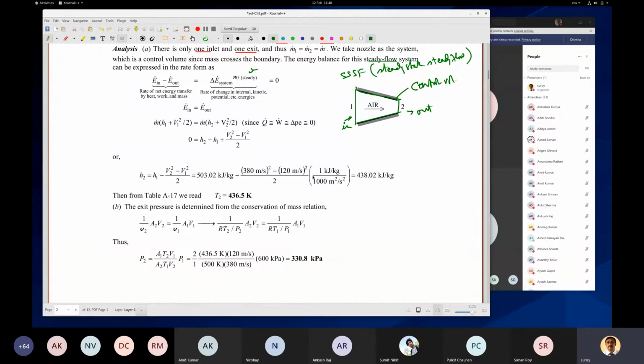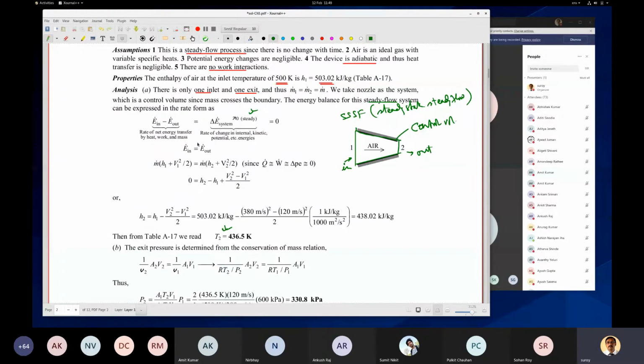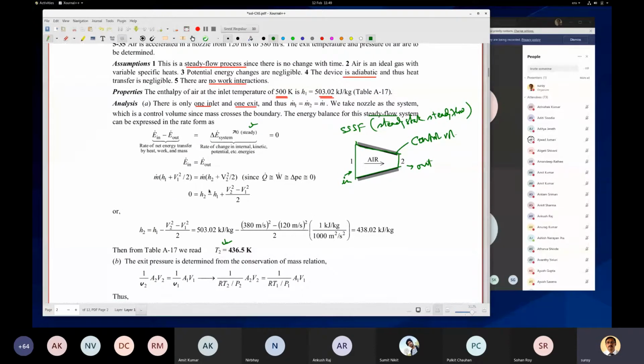So we know the enthalpy is balanced, and then we get the new temperature, right? In this case the velocity is given, so we can calculate the change in kinetic energy.